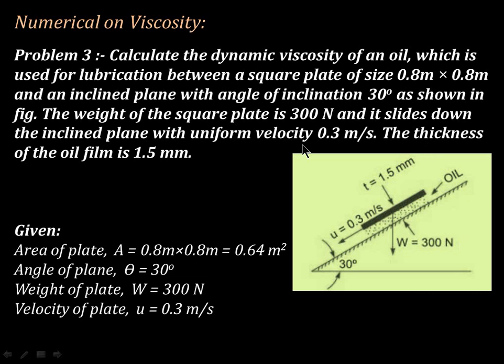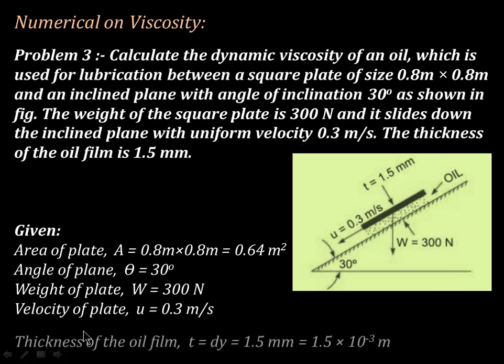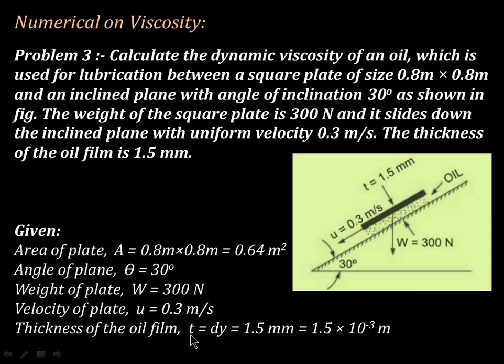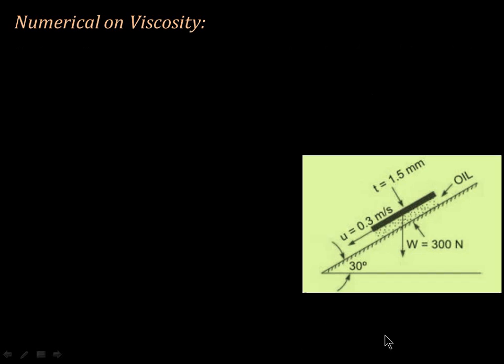The thickness of the oil film is 1.5 mm. So the thickness of the oil film is given as T equal to 1.5 mm in the diagram. That is nothing but the distance between the inclined plane and square plate, that is dy equal to 1.5 mm equal to 1.5 into 10 raised to minus 3 meters.